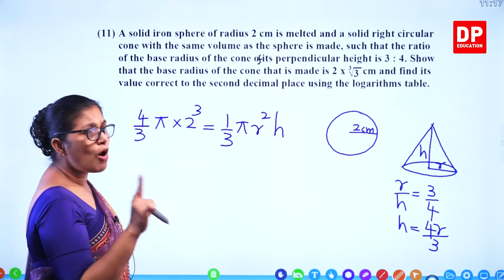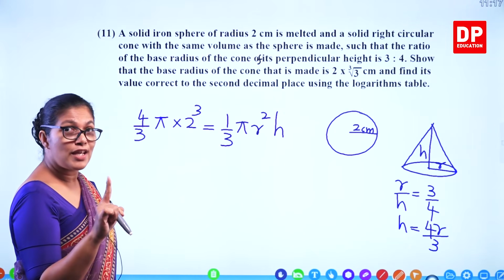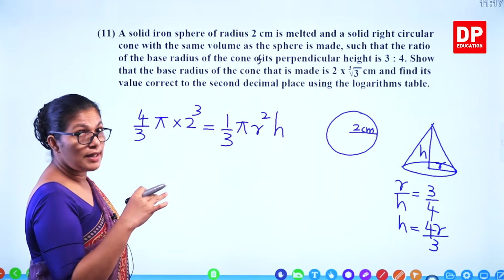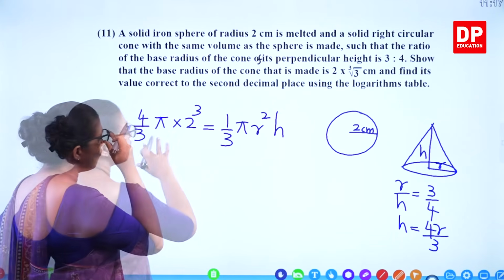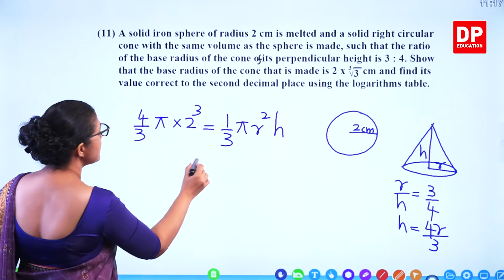Here, can you remember all these formulae? They're there on the first page, so you don't have to memorize. You can go through the first page and see what these formulae are. It's given. Now you can substitute.